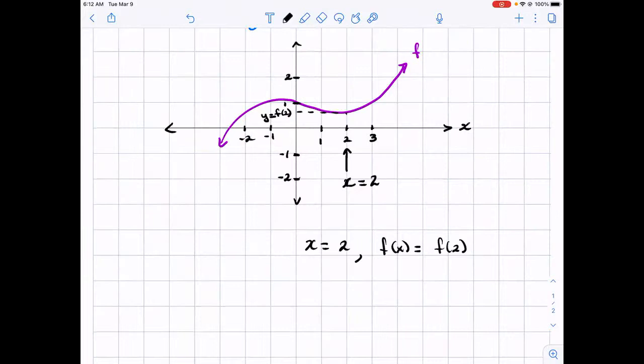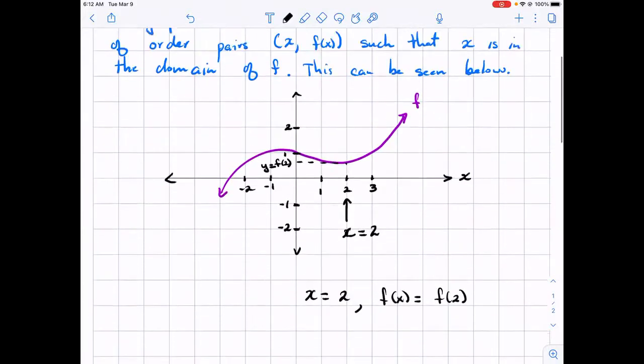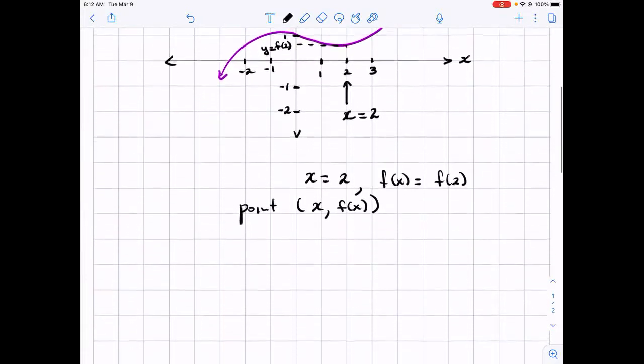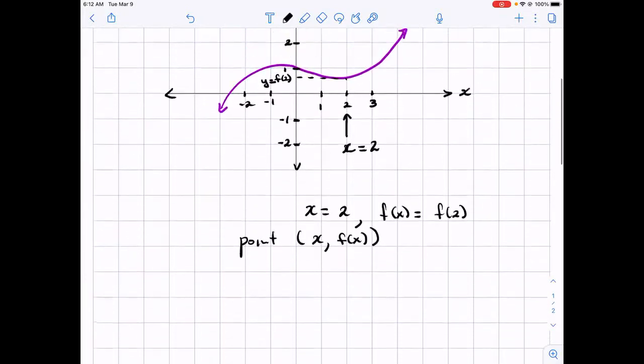And that's how we get that the point here is x comma f of x. And you can do this for many, so that will just give you 1 point on the graph. That's that point on the graph, and I can do this and get many points.